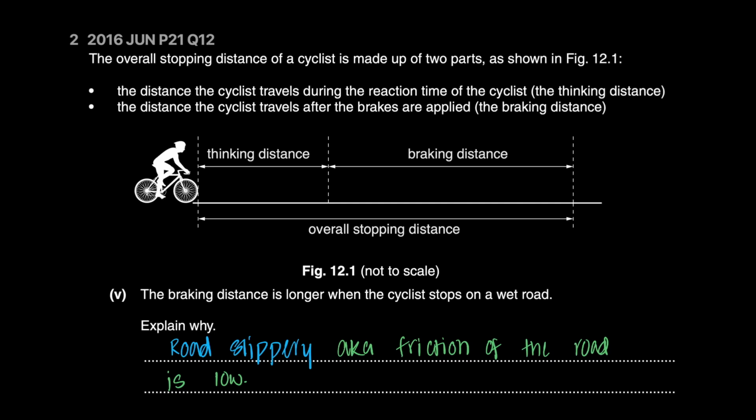As a result, deceleration, I think I really butchered the spelling this time. Deceleration is going to be slower as well. Hence, it takes longer for the vehicle to stop.